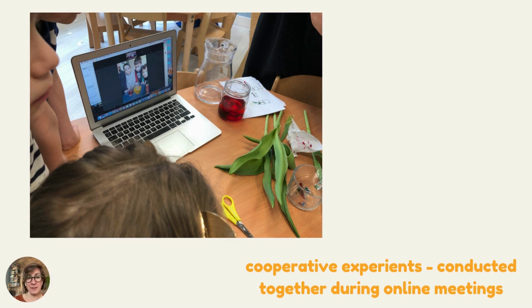And after the experiment, the children from Poland were trying to predict how the flowers from Armenia would look, because we were painting flowers, we were putting white flowers into colored water, and the children from Armenia tried to predict how the flowers from Poland would look.